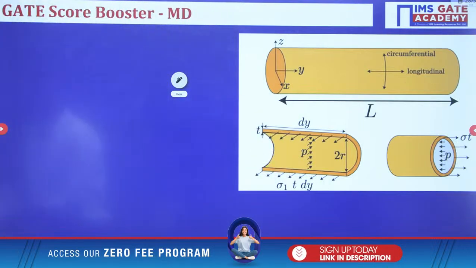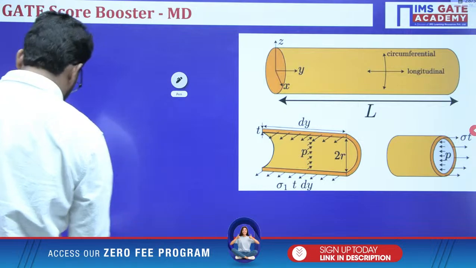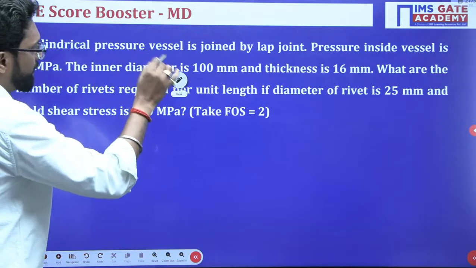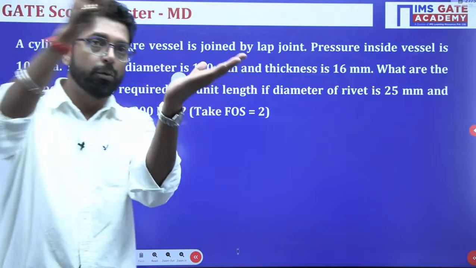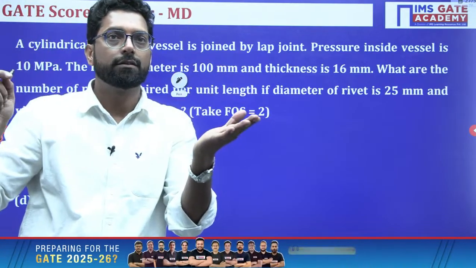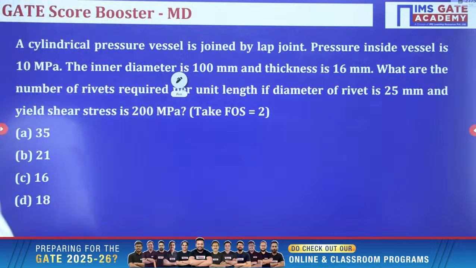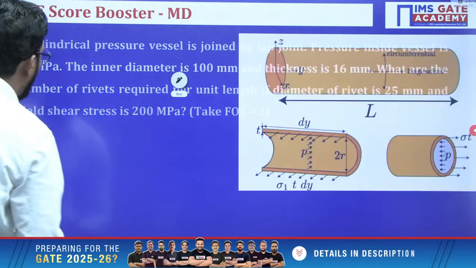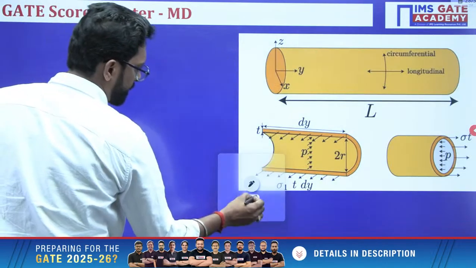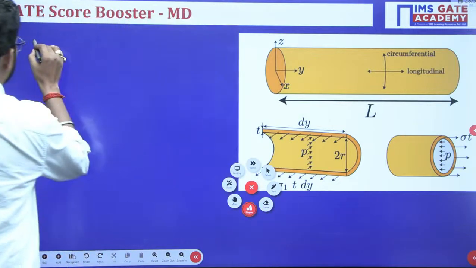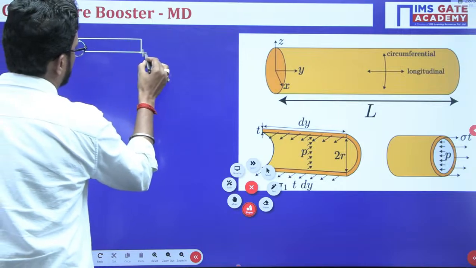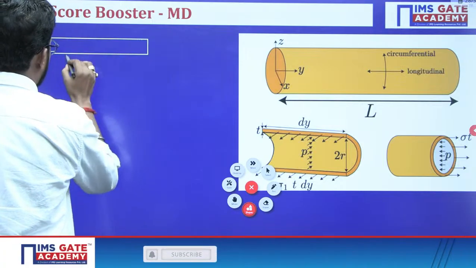Let's suppose this is your lap joint. It is saying that there is a pressure vessel in which there is a lap joint. In the lap joint, one plate is over another plate and there is a rivet. Let's suppose this is one plate, and there is another plate.